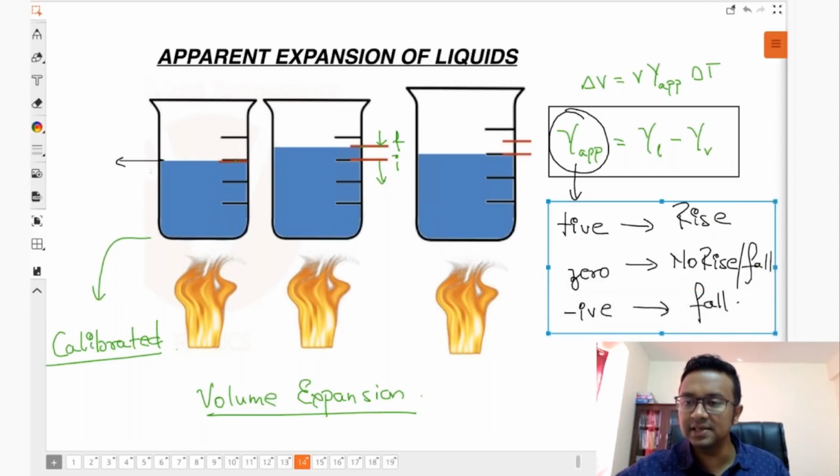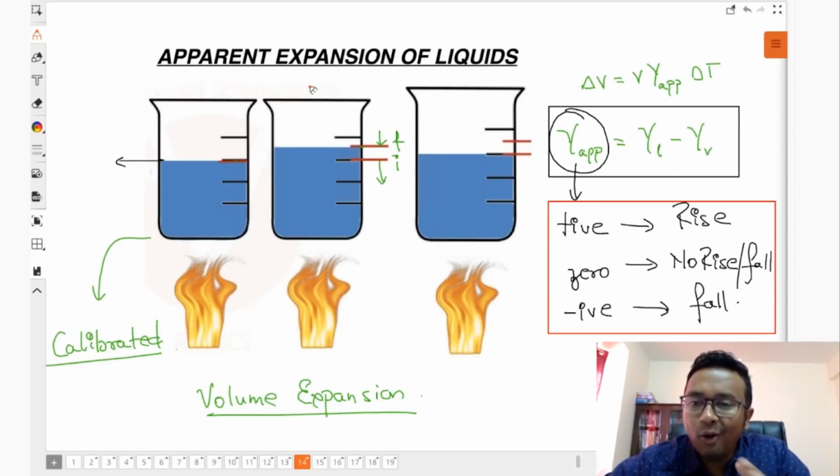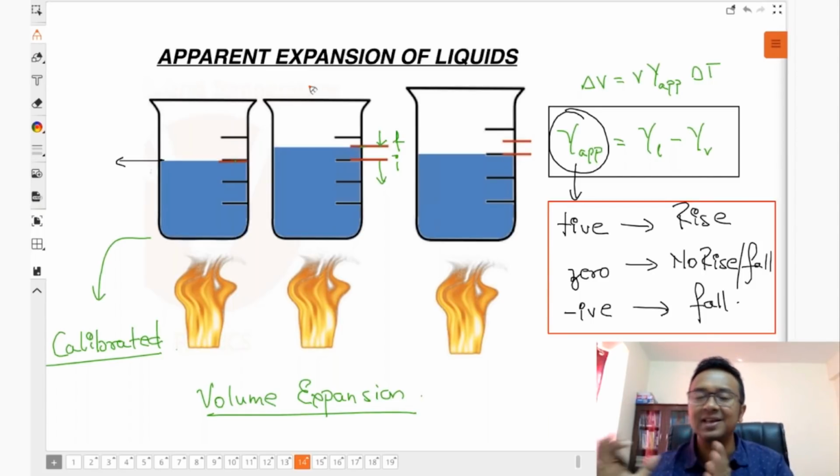So this is what is going to happen in case of a vessel containing liquid that is being heated. These are some of the concepts which are very useful for solving questions in your thermal expansion of solids and liquids, my dear students.